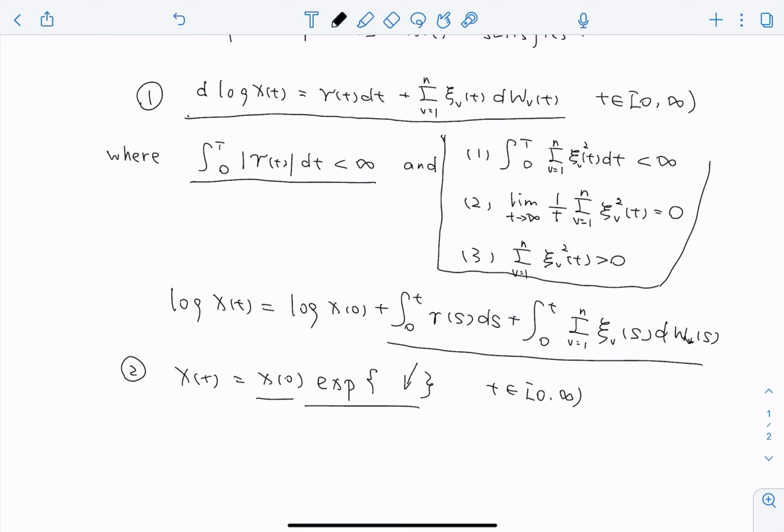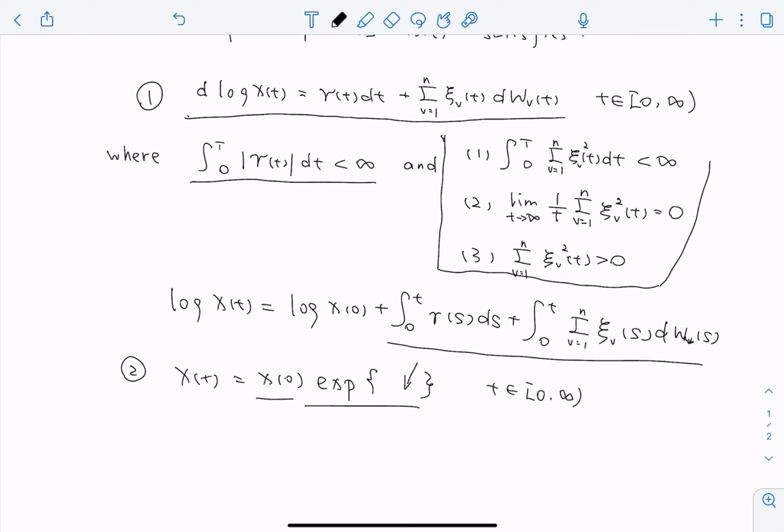So the initial value times an exponential form is more than 0. And since we assume that each company has a single share of stock outstanding, X of t also represents the total capitalization of the company at time t.